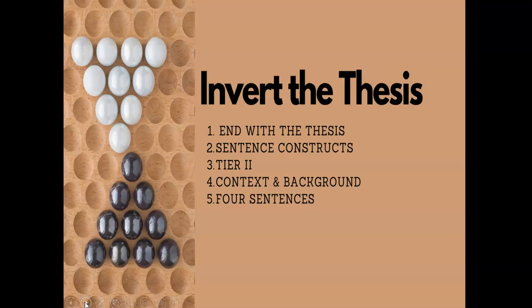In this case, you end with the thesis. You focus on the sentence constructs. Again, those that are familiar with my work know that I am a big believer, a big proponent of Strunk and White's assertion in rule number 18 in their seminal text, Write It Right, that there are 12 different ways to write a single sentence.